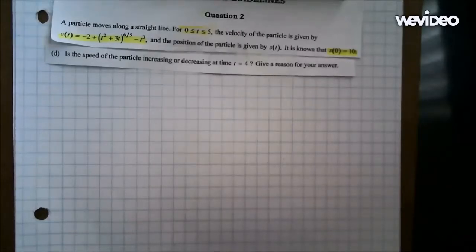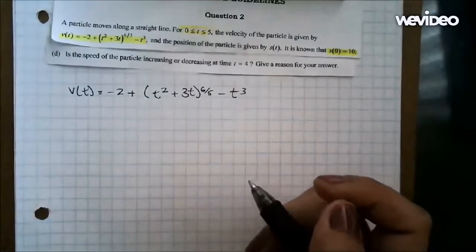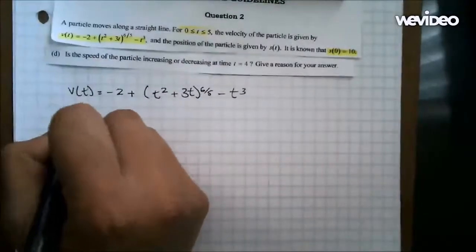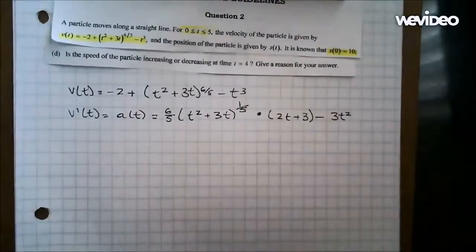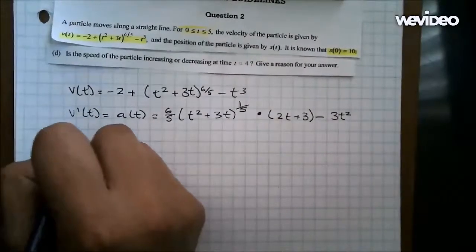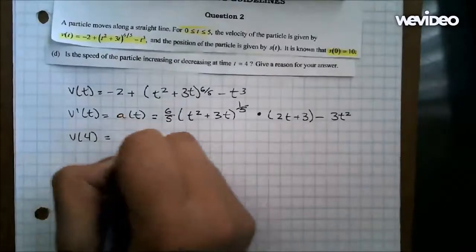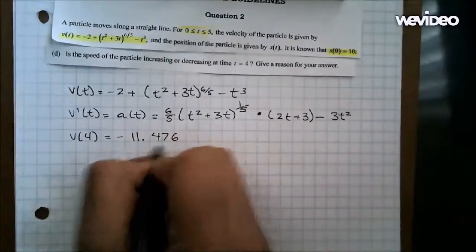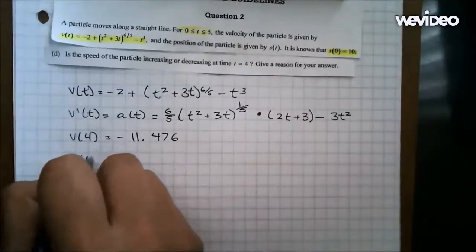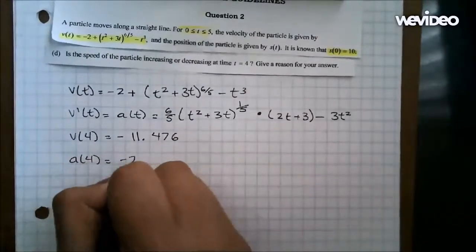So, the solution is to take our function v of t and take the derivative to get acceleration. Now, we plug in our desired time for v of 4 and a of 4. v of 4 is negative 11.476. a of 4 is negative 22.296.